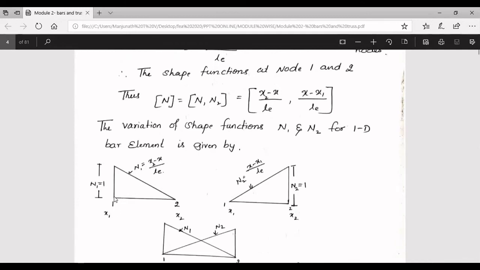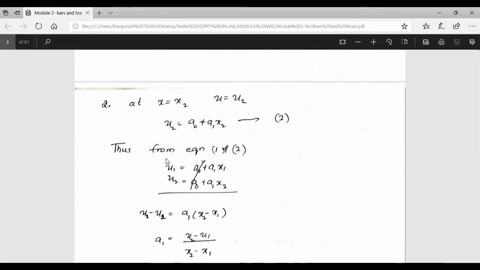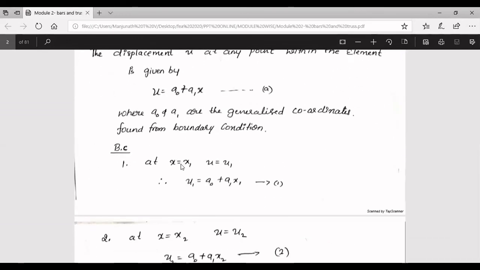At node number 1, the N1 value will be equal to 1. As you substitute the x values, when x equals x1, at node number 1, from the first boundary condition, x becomes x1.